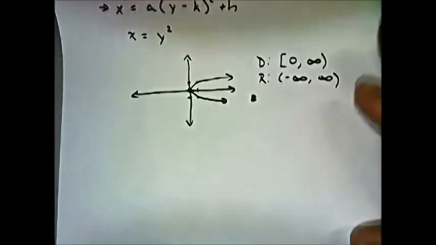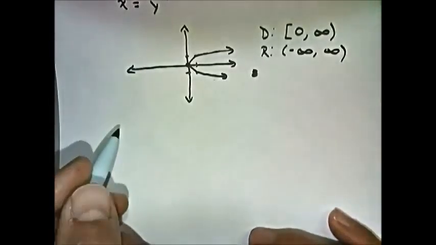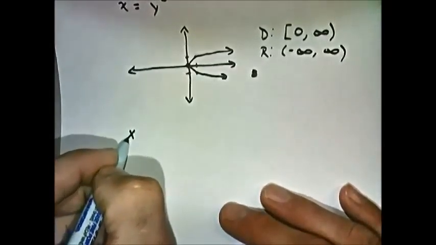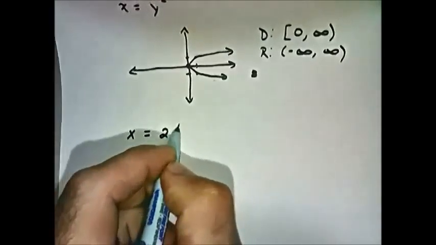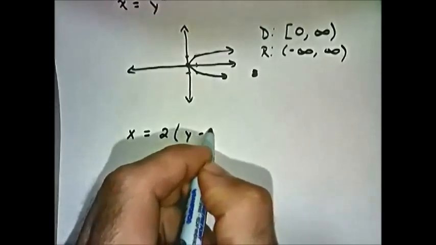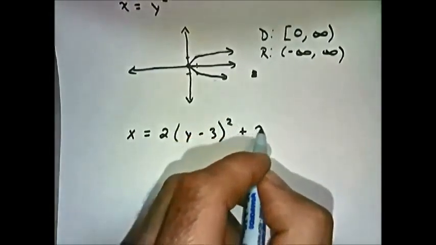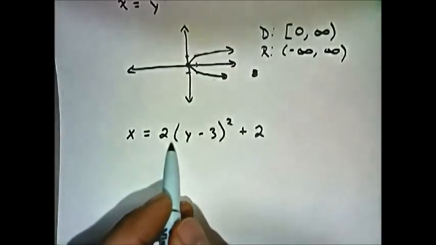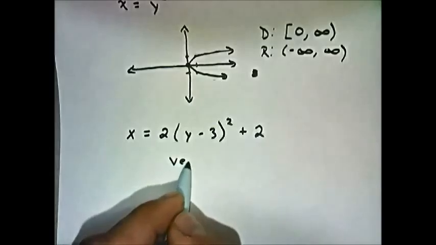Let's go ahead and look at another example, this time giving you an a, k, and an h value. So let's say x equals 2 times the quantity y minus 3, quantity squared, plus 2. This is in vertex form, so we can find the vertex.